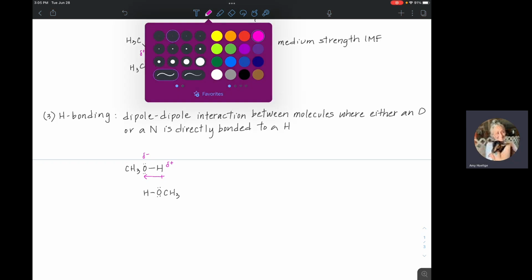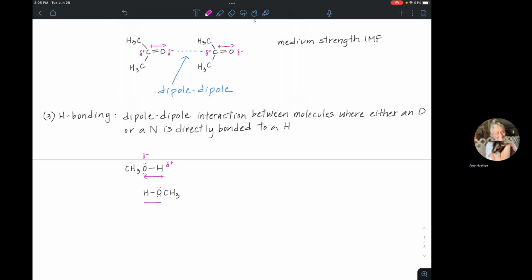Another situation where we have a dipole, and again, partial positive charge on the hydrogen, partial negative charge on the oxygen, and there's going to be a dipole-dipole interaction between these molecules. And because we have a hydrogen involved, this dipole-dipole interaction is special and we call it a hydrogen bond.